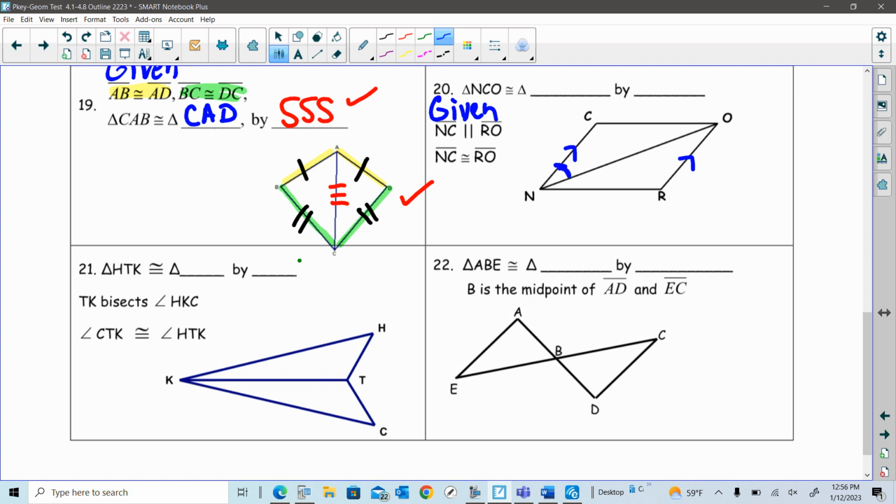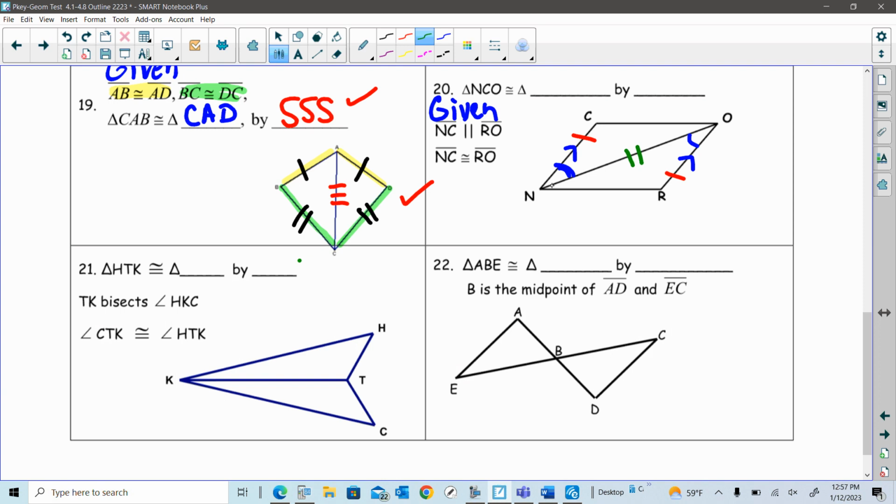So it would have to be here and then there, opposite sides of that shared side. All right, then they also say NC is congruent to RO. Well, NC, tick mark, RO, tick mark. And then we have a shared side, double tick marks.